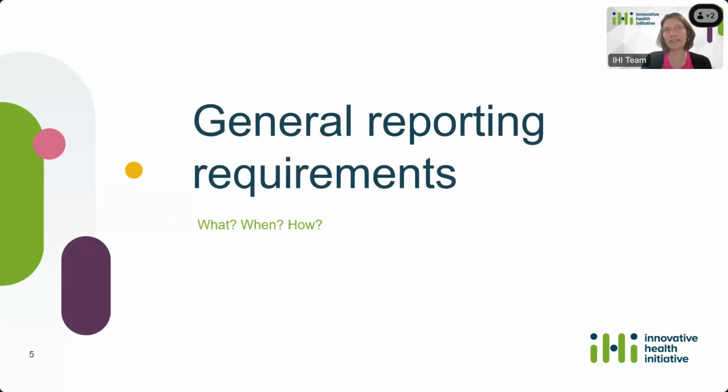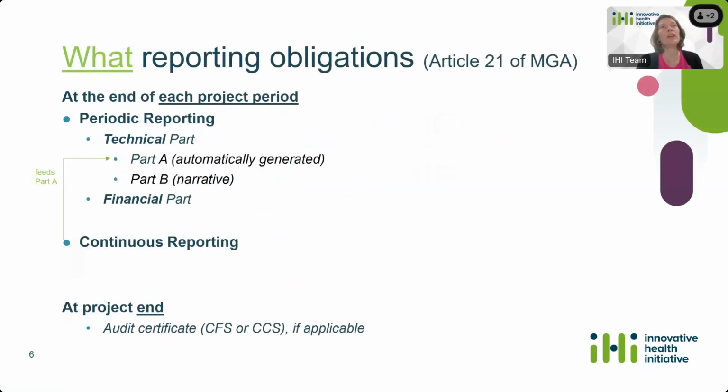So now let's start with the general reporting requirements. What is necessary to report, basically? The different reporting obligations are mentioned in Article 21 of the Model Grant Agreement, but here you have a summary. At the end of each project period, there is a project reporting to be done, which includes a technical part with a part A and a part B, and also a financial part.